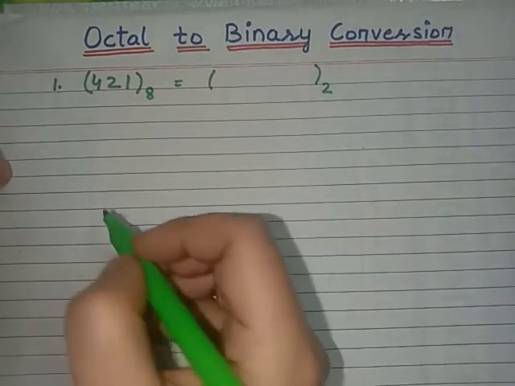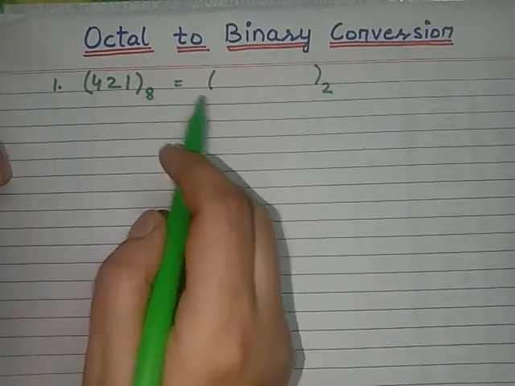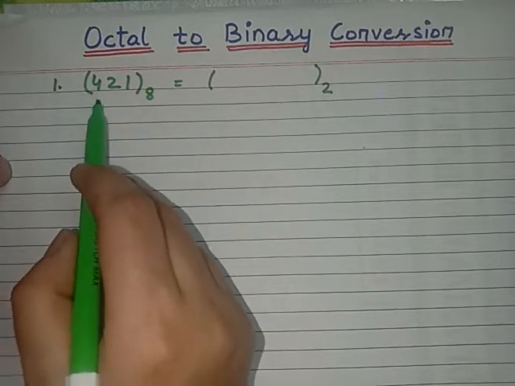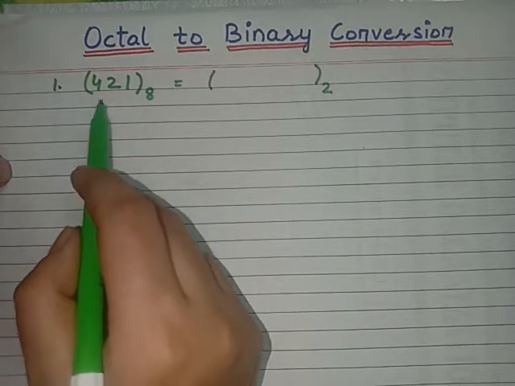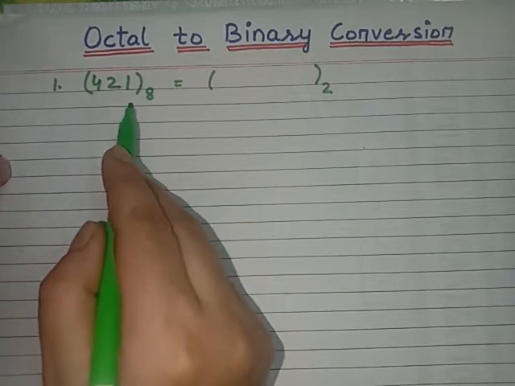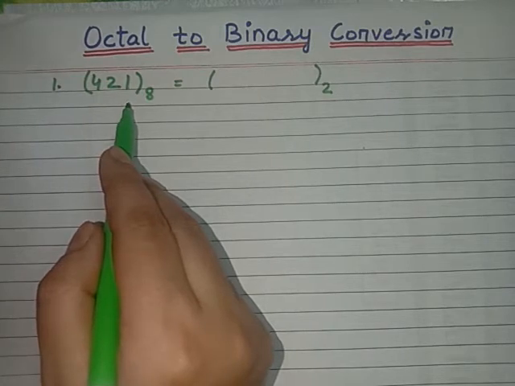It's very simple to convert an octal number into binary. What we have to do is consider each and every digit of the number one by one, and convert that digit into binary using that table.